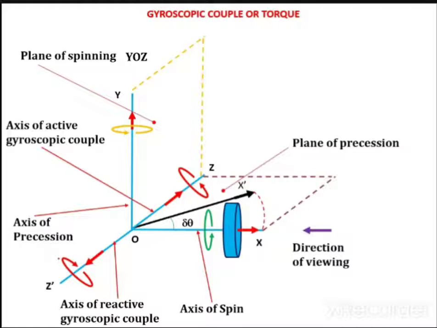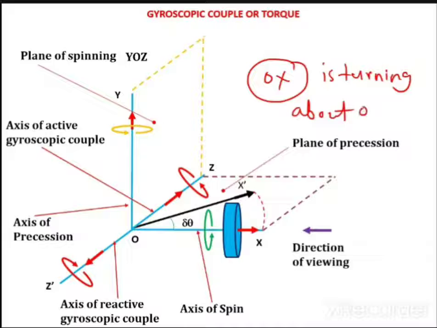See exactly what happens. Are you understanding what I am trying to say? Whenever this OX is turning about OY, then the torque which we are applying, the opposite of that, the reactive gyroscopic couple, will be created.